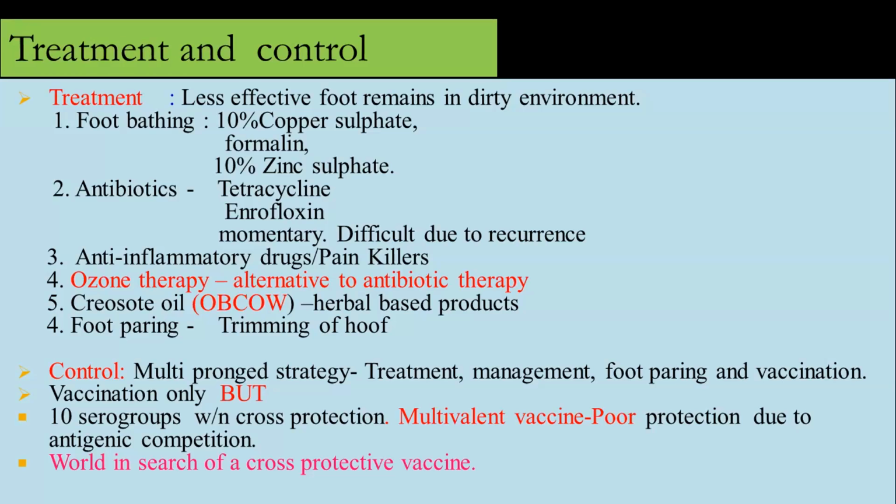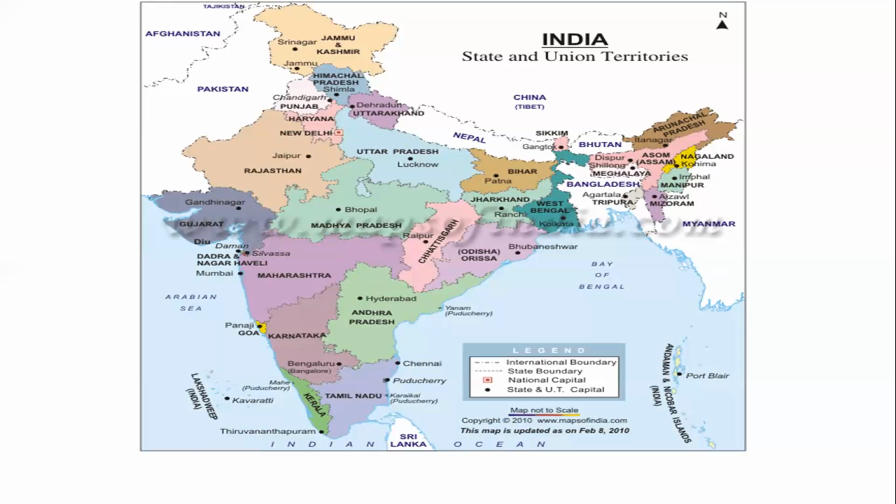So there will be a common antigen that will protect against all the serogroups. If that antigen is identified and we can formulate a vaccine from it, it will protect the animals whatever serogroup is infecting them. This is our country, and you can see here that not only J&K, but Himachal Pradesh, Uttarakhand and Tamil Nadu are there. A number of states are affected. They have reported foot rot.